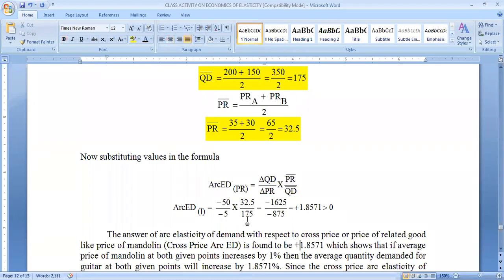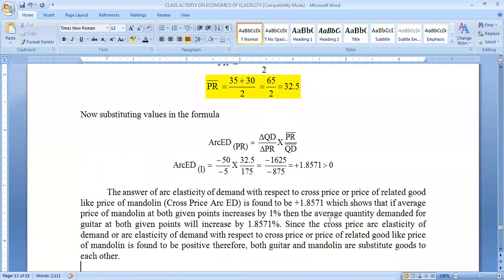The answer of arc elasticity of demand with respect to cross price or price of related good like price of Madeline, this is also called cross price arc elasticity of demand, is found to be plus 1.8571, which shows that if average price of Madeline at both given points increases by 1%, then the average quantity demanded for guitar at both given points will increase by 1.8571%.